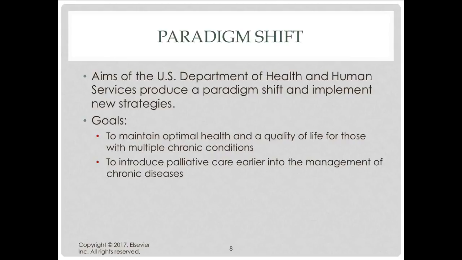Because oftentimes we can treat and treat and treat, even try to cure, try to cure, try to cure, but in the process we shorten their quality of life, and even sometimes quantity of life. So that's kind of where this paradigm shift is.